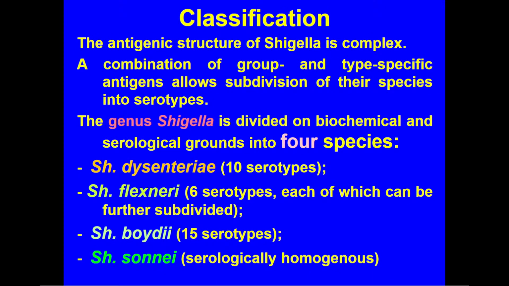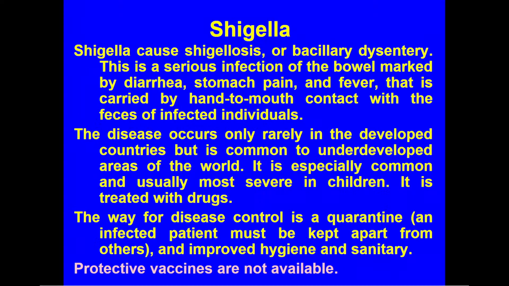When we classify Shigella, we distinguish four species. Shigella dysentery with 10 serotypes regarding somatic antigen. Shigella flexneri, 6 serotypes. Shigella boydii, 15 serotypes. And Shigella sonnei, serologically homogeneous. It means the antigenic structure is stable and we don't distinguish any serotypes there.